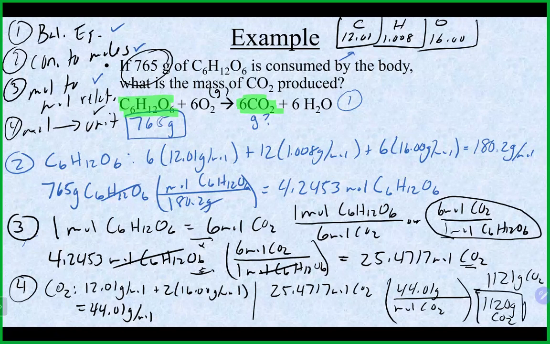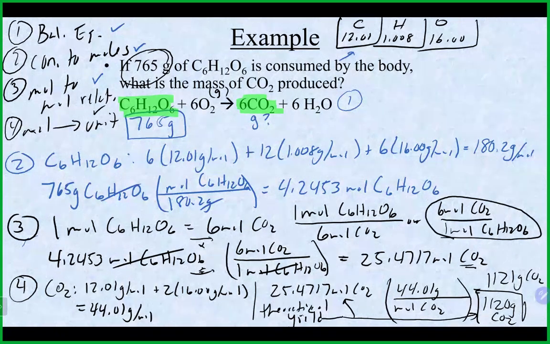And again, this here, and actually this here as well, those would be the theoretical yield, one in moles, and obviously one in grams. So again here, if we were to throw in there 765 grams of C6H12O6, we should get, if everything went perfect, 1,120 grams of CO2.